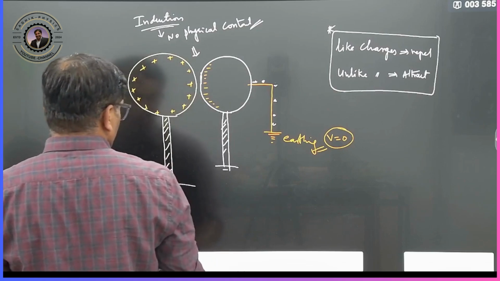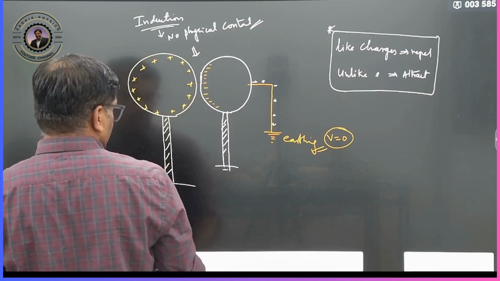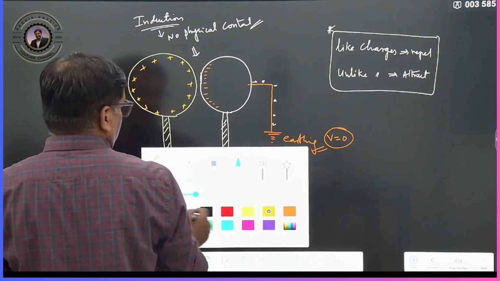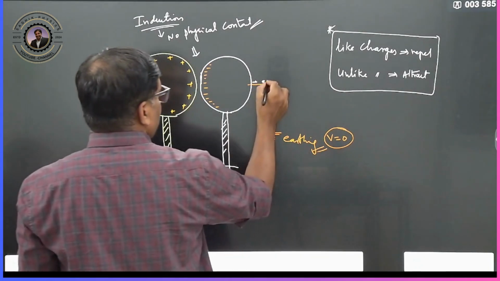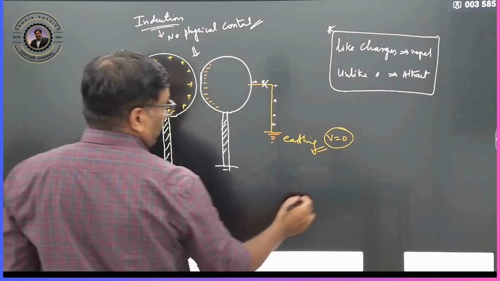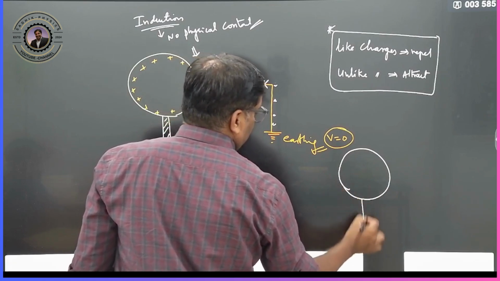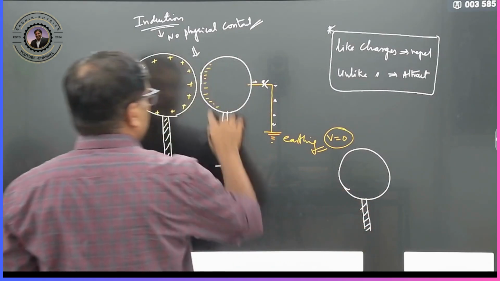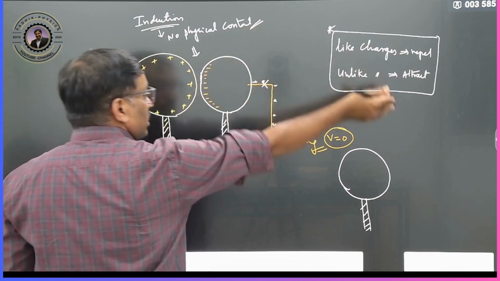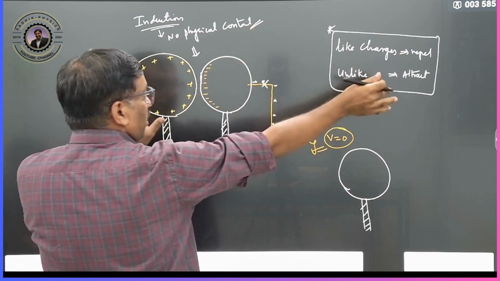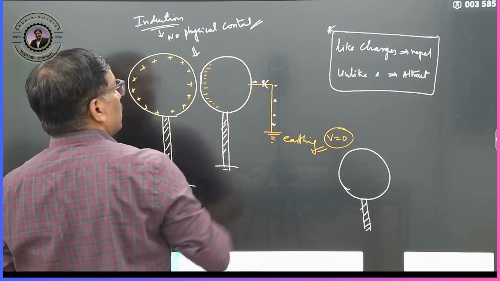Now I will disconnect it, then I will separate this one. When I separate it after disconnecting, kept aside out of the field of this one, there will be negative charges.